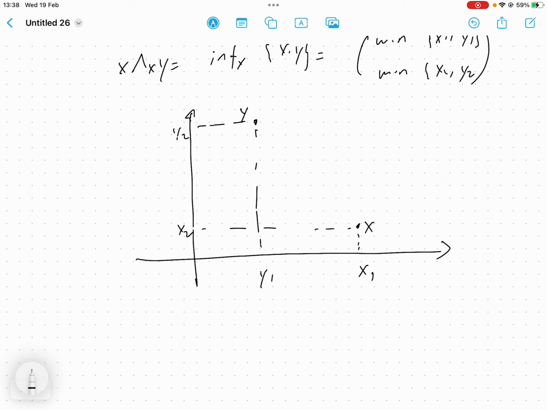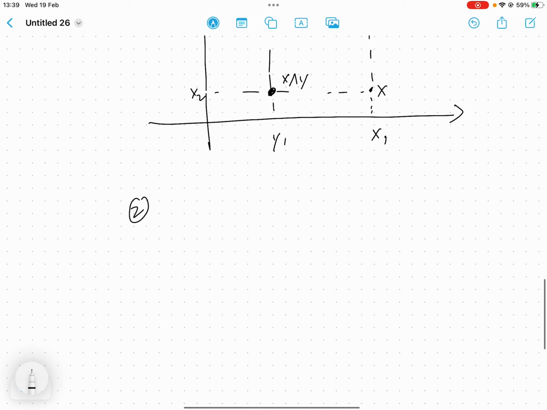Then we can immediately observe that when we connect those two dots, this point is the maximum, that's gonna be the join, x join y, and this is gonna be x meet y, under R2. Good, that'll be a good example.